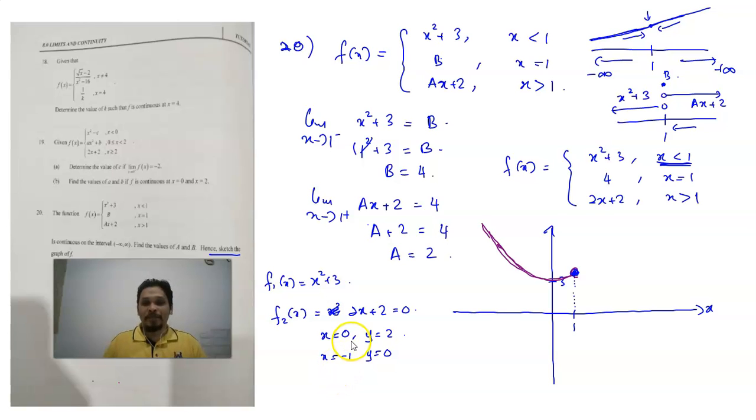So the points (0, 2) and (-1, 0). It should be something like this.